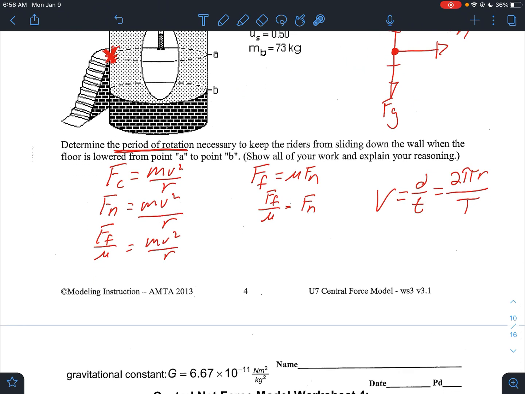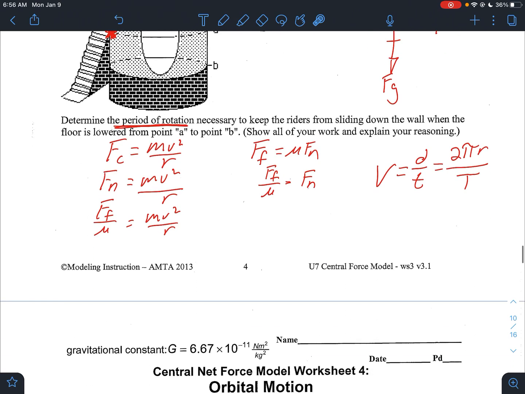Force of friction, we just stated, is equal to gravity, and the equation for force due to gravity is mg. So that's over mu. I'm just continuing with my derivation.